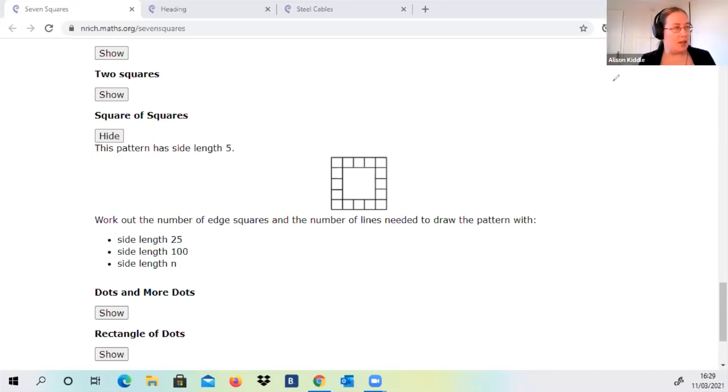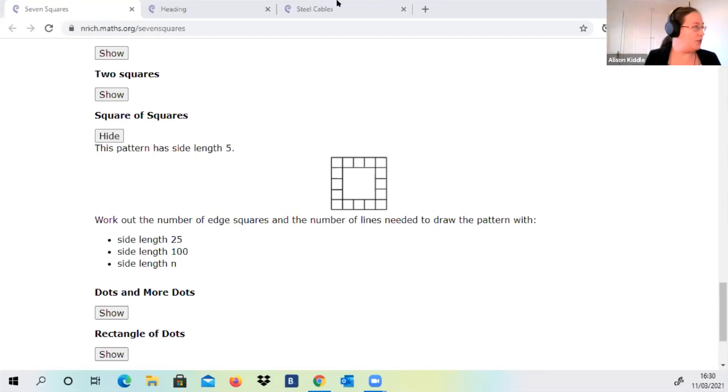Yeah, I think it also is starting to think about the sense of how a sequence is growing. So when I see something like the 4n minus 4 that we had, I want to know what is making it change by 4 each time I go up by 1. And that's something that I think we're going to look at a little bit later on in one of the other problems that we're going to share.